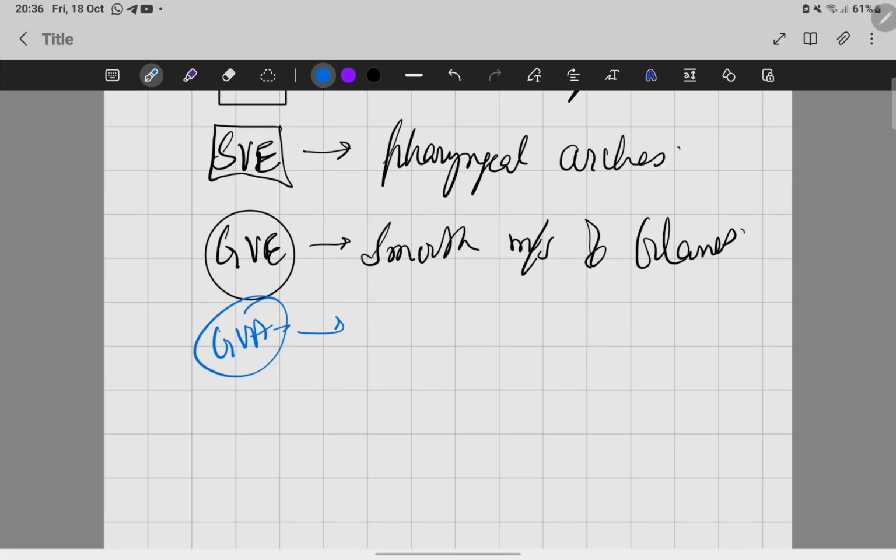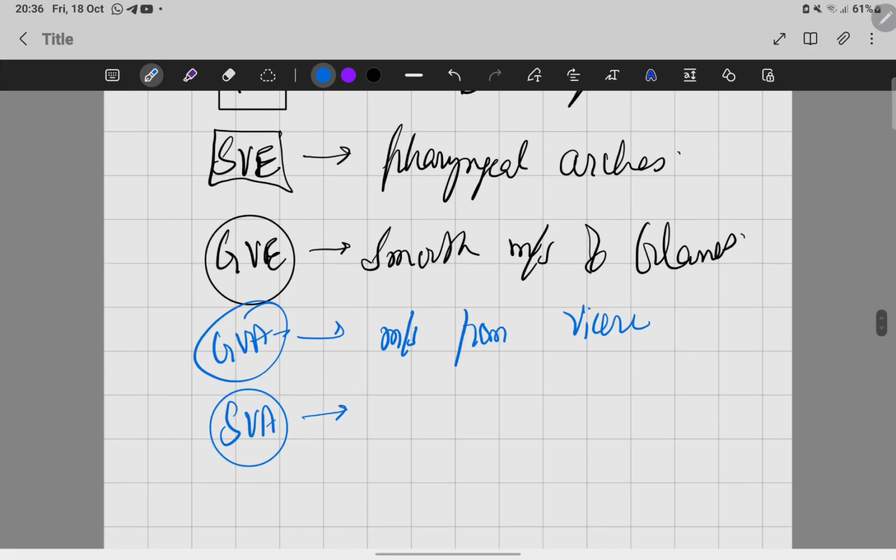Then special visceral afferent supplies taste. And GSA, general somatic afferent, carries general sensations from the body.